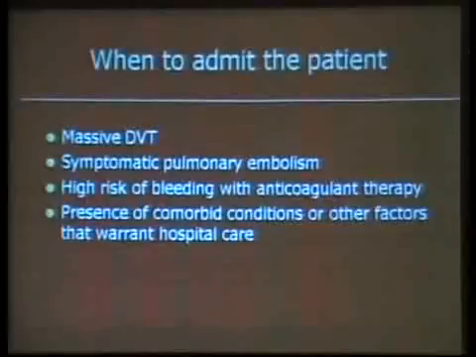There is high risk of bleeding, and there have been a lot of debates about whether you're going to do high intensity anticoagulation or low intensity anticoagulation. High intensity anticoagulation is when you maintain an INR of greater than 3, and moderate degree of anticoagulation is when you maintain an INR between 2.5 to 3.